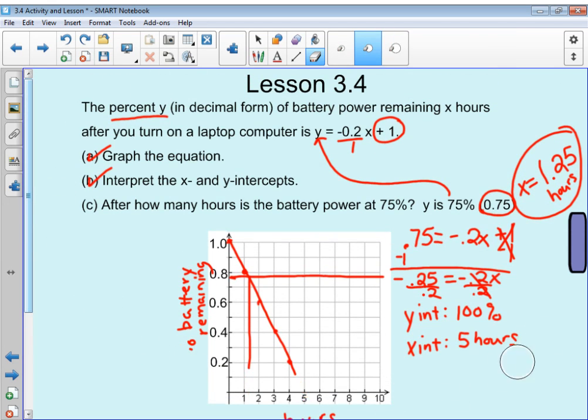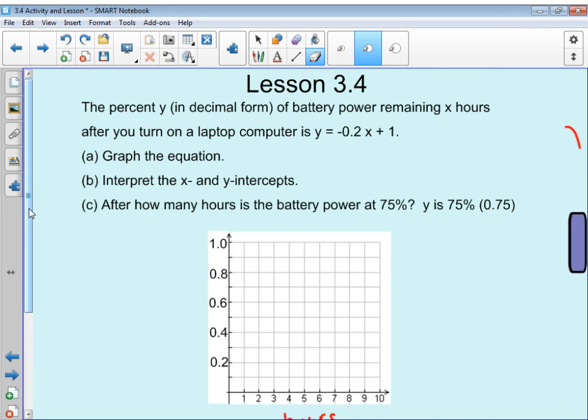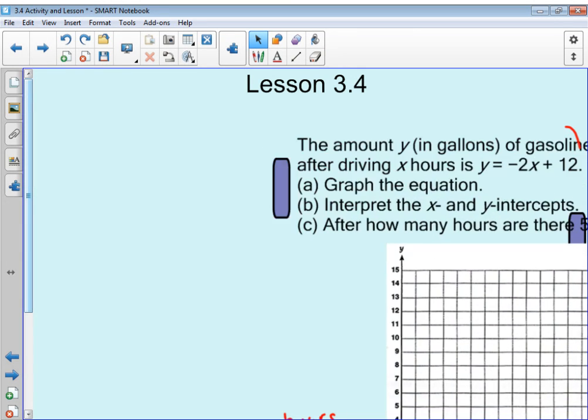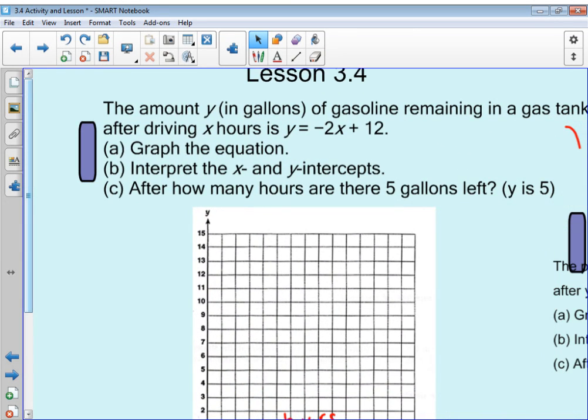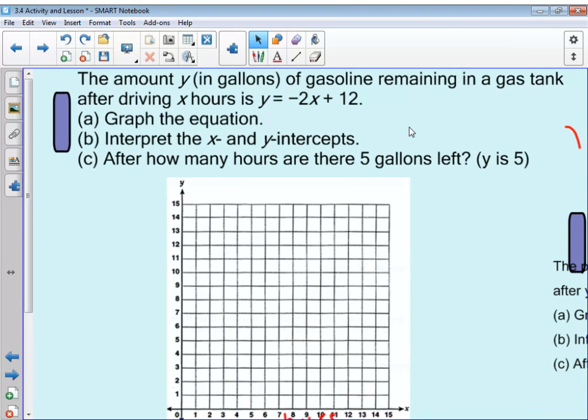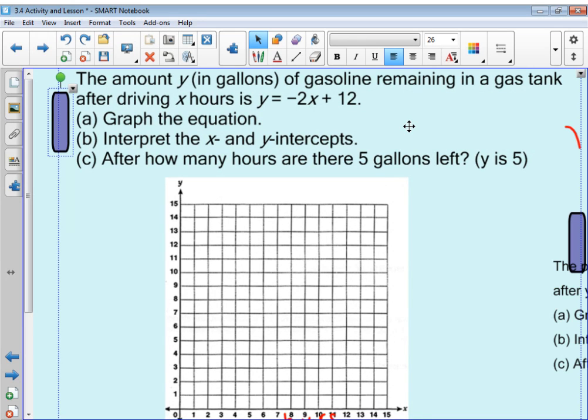Now on this next one, you can use your graph, so you should be doing what I'm doing on your graph. Oops, forgot to put my marker down. Oh, there's more space here. Okay. So now we've got the amount Y in gasoline.